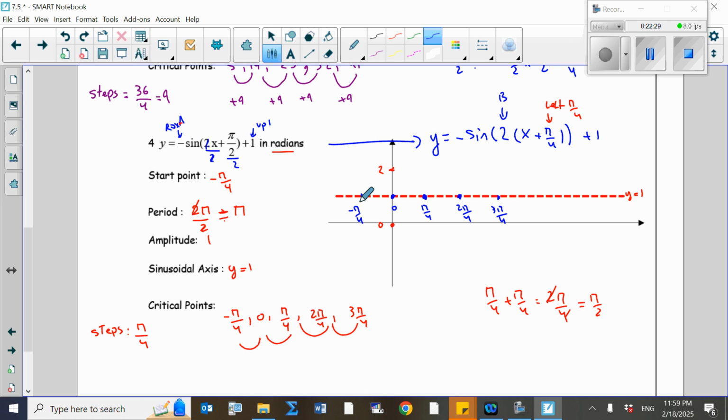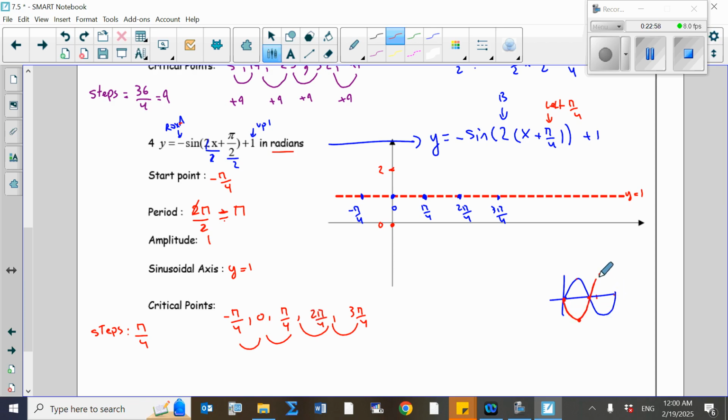Now I'm going to start graphing the function. We have a reflection over x-axis. So I know that the sine function looks like this: middle, high, middle, low, middle. So I can do that, but I need to reflect this over x-axis. That means the middle point will be the same. High will be low, then middle, low will be high, and middle is here.